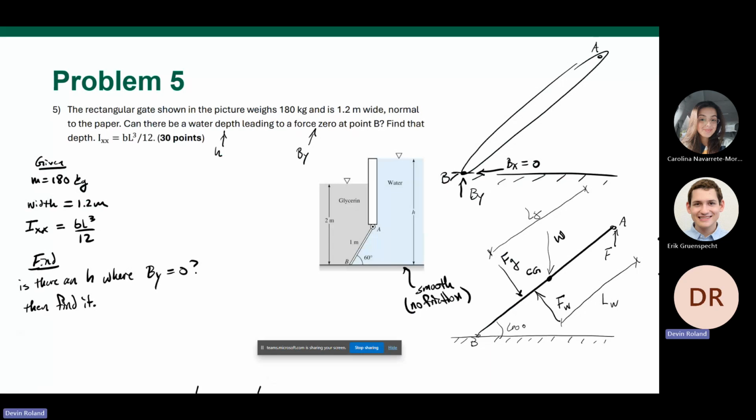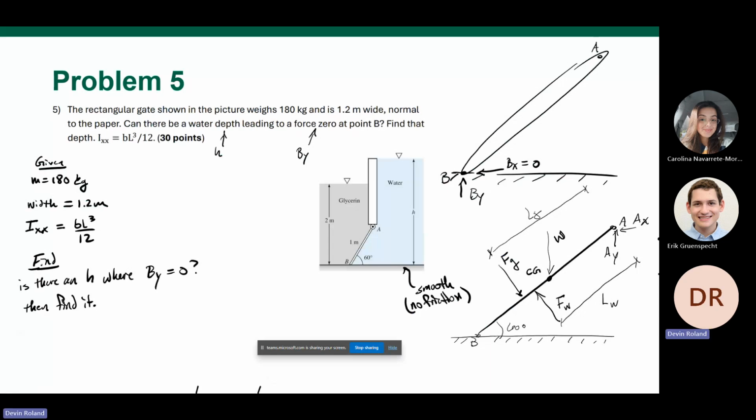They're not really going to come into play in the problem, but I'll call them Ay and Ax. So that is pretty much what we need to know.